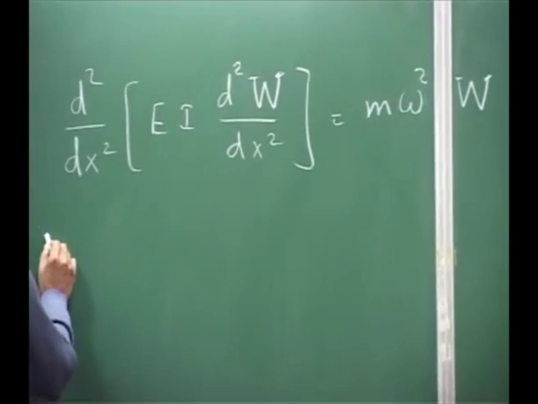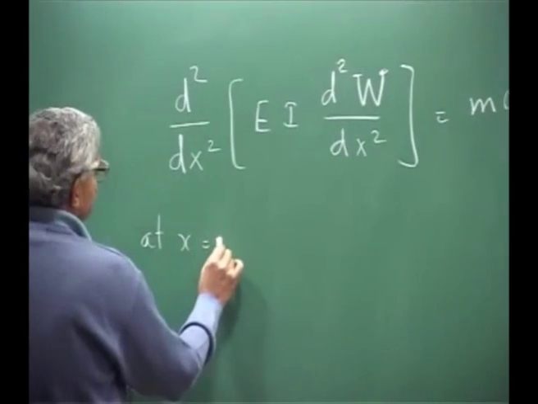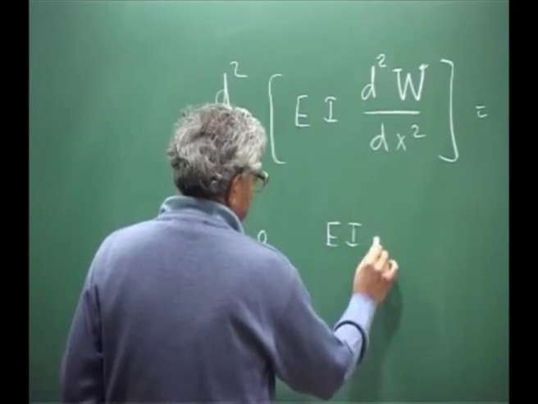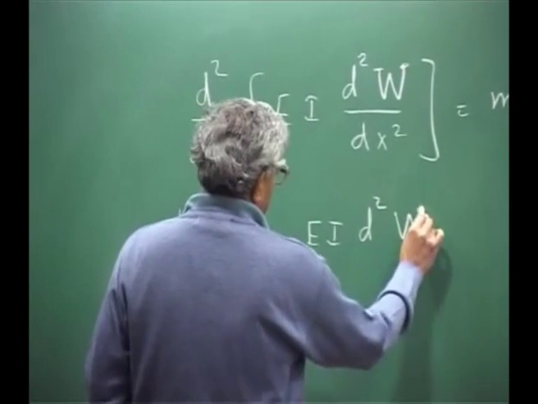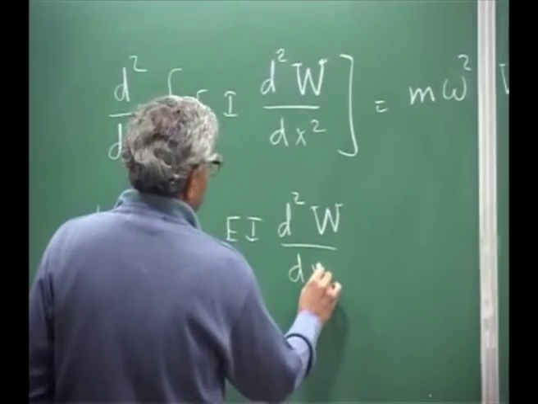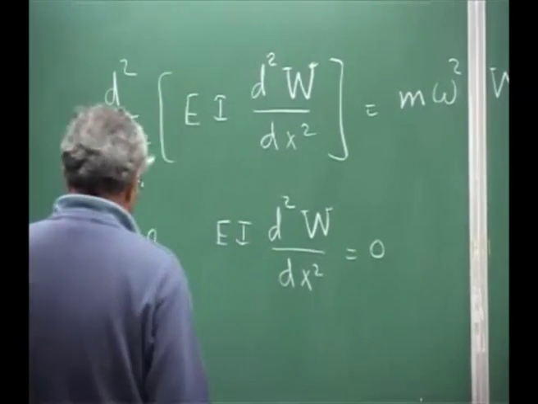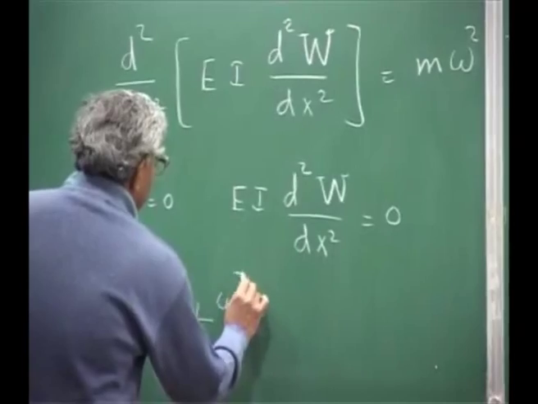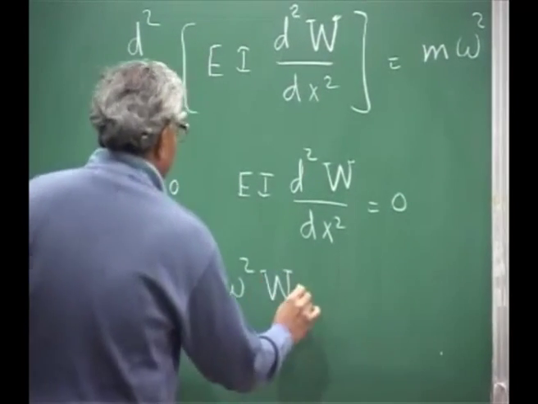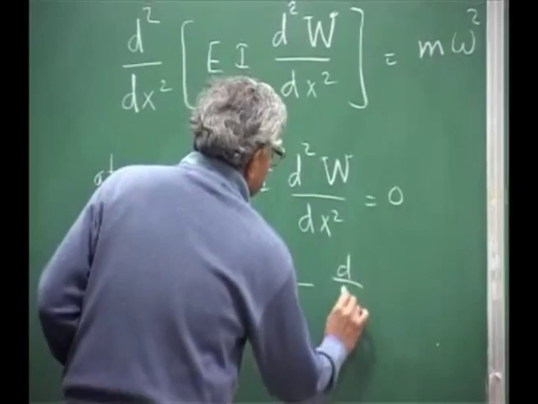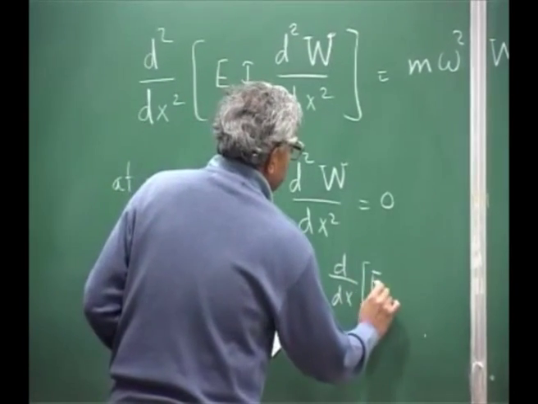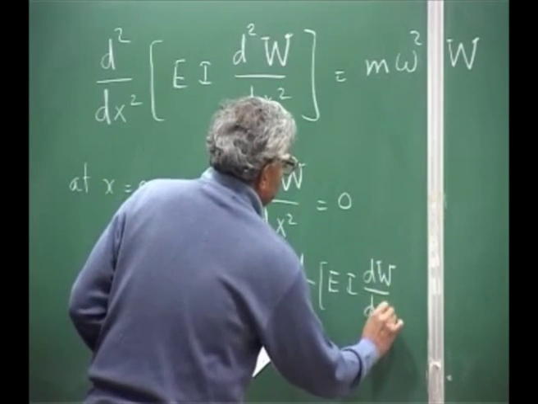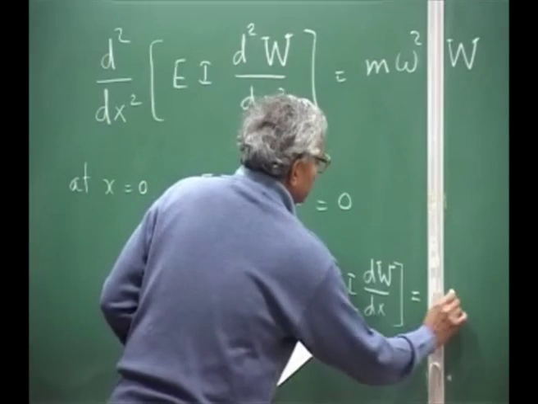Along with boundary conditions, at x equals 0 we had two boundary conditions, one of which is EI d²W/dx² equals 0, and another boundary condition is M L omega square W minus d over dx of EI d²W/dx² equals 0.